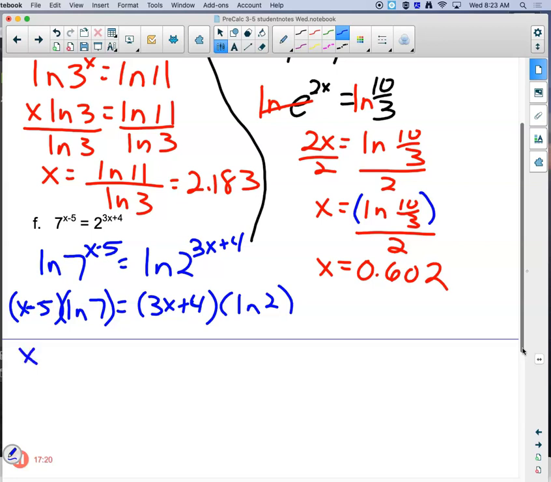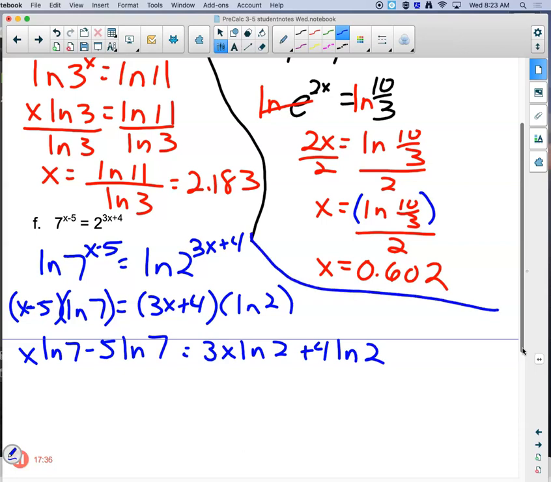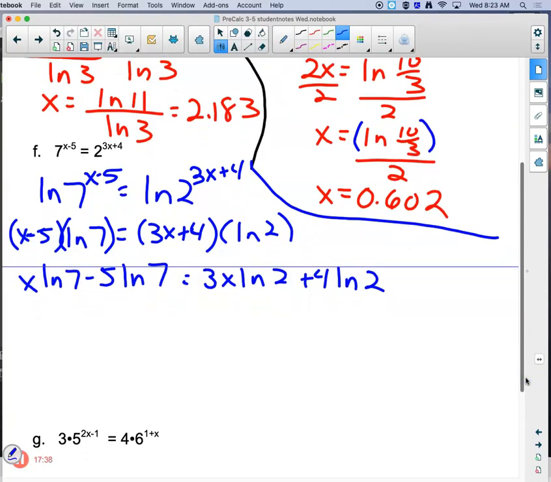So it'll be x natural log of 7 minus 5 natural log of 7 equals 3x natural log of 2 plus 4 natural log of 2. Well, now I can move my x's on the same side. And it's totally up to you which way you go.